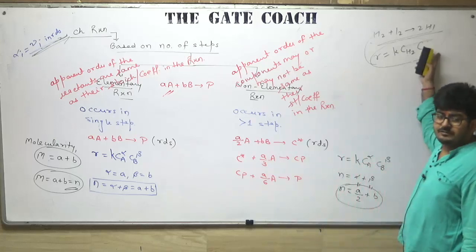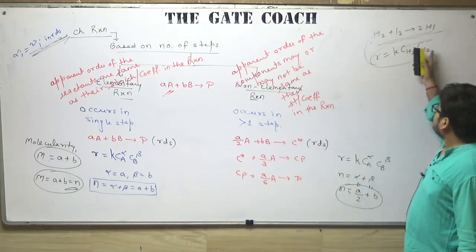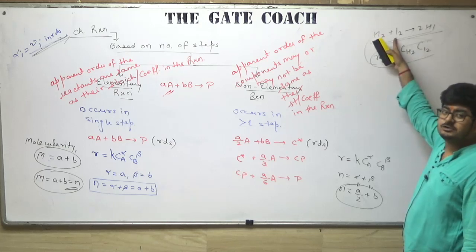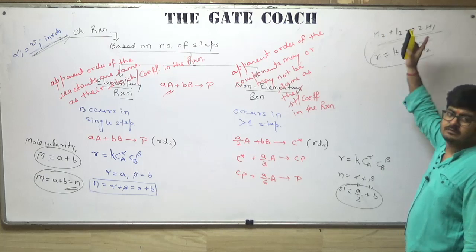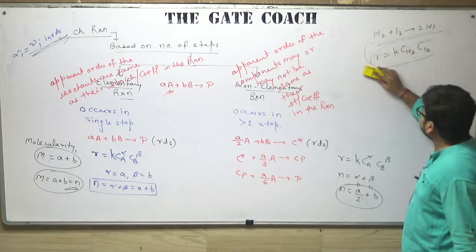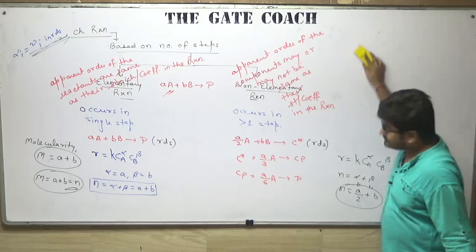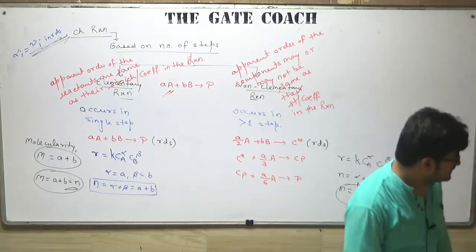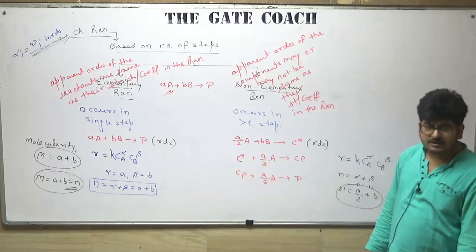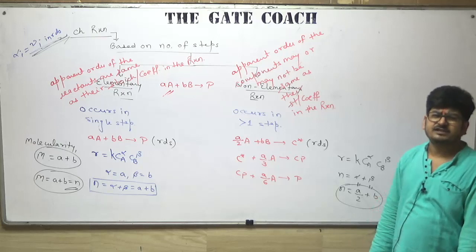Is it clear that if apparent orders are same as their stoichiometric coefficient, then still we are not sure that is elementary or non-elementary. We will consider that as non-elementary only. Okay. So now, why the order of reaction can be negative, zero or fractional value?